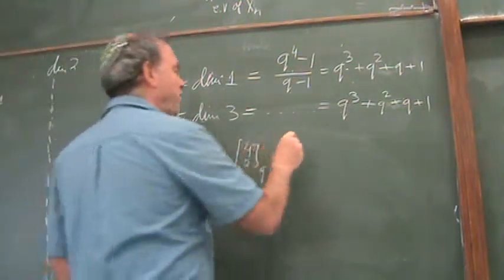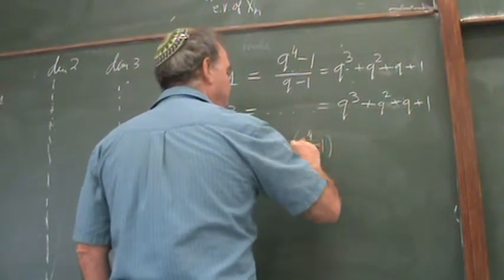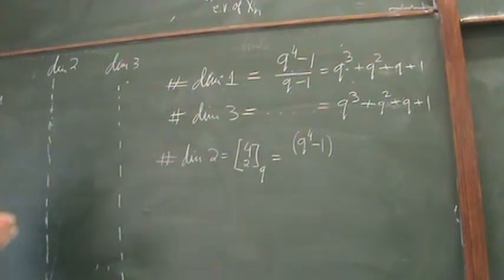I can choose the first vector in q to the 4 minus 1 ways, because I have to choose any vector which is non-zero. And then the second vector should be linearly independent of the first one. So it should not be in the one-dimensional space spanned by the first vector.